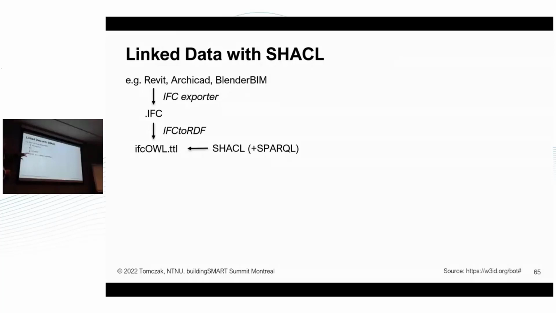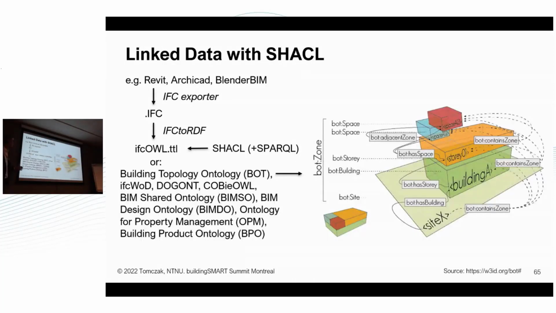Of course, this is not the only way. There are different ways. You could go directly from your Revit to, for example, IFCOWL. You could skip the IFCOWL and use a different ontology to express your data. I tried to list some of them here, like the Building Topology Ontology and so on.